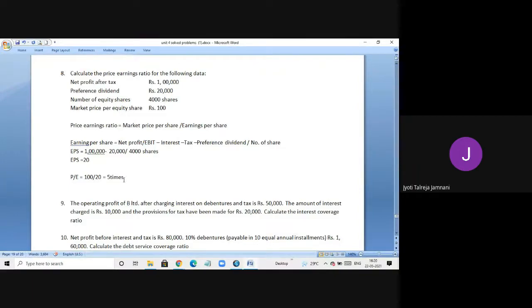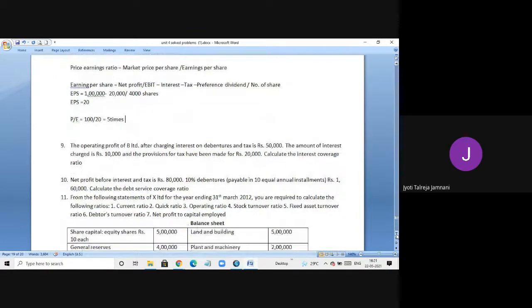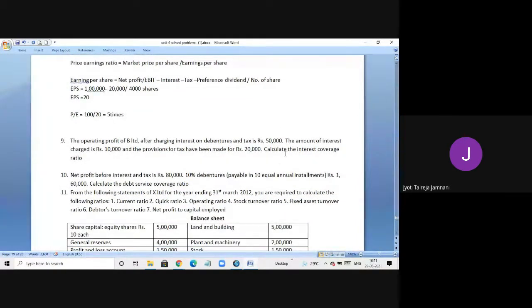And the better the PE ratio, the more you earn, the more your market price goes on increasing. So if they ask for PE ratio, this is the formula that we use: market price per share divided by earning per share.